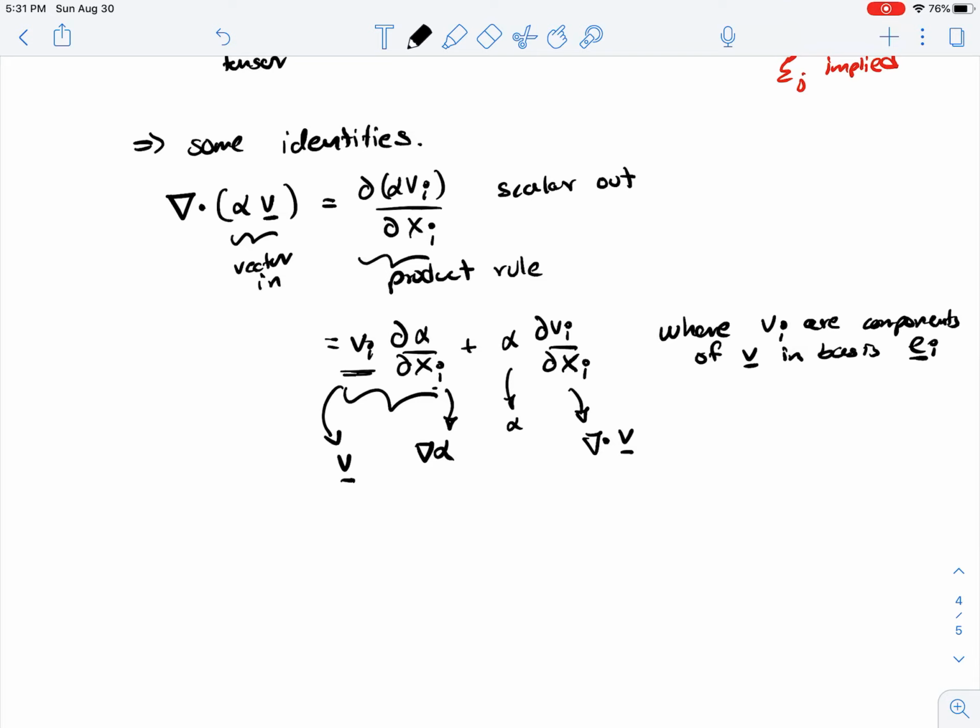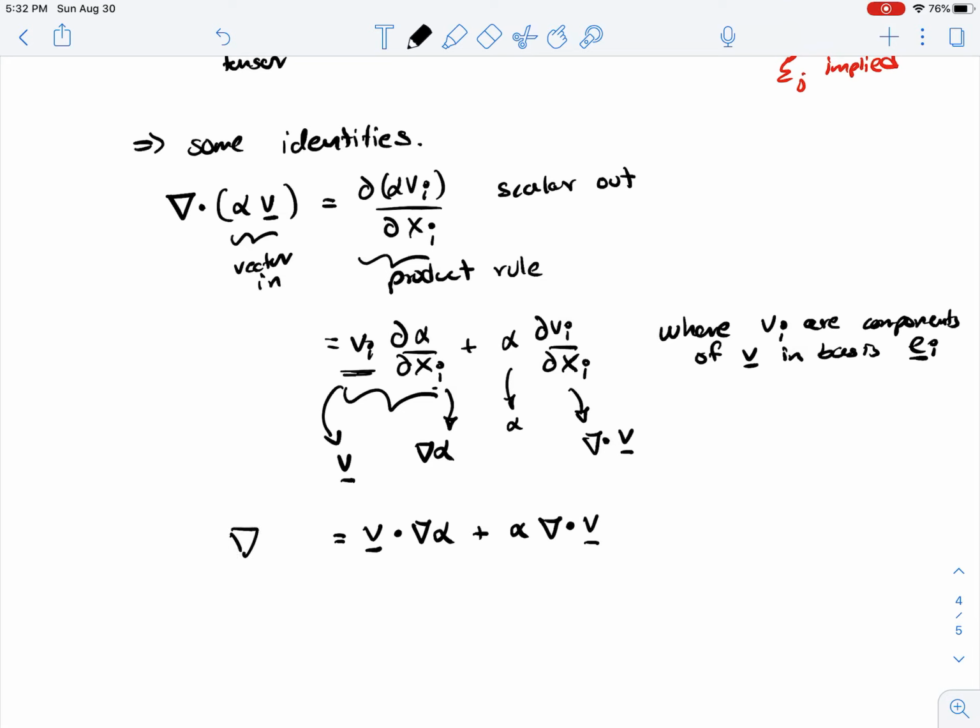And the fact that you have this i repeated here hopefully makes you think of dot product. So you remember that the gradient of alpha is a vector. So now you have v_i, the ith components of the vector V, and the ith components of the gradient of alpha. So in reality what we have here is V dotted with the gradient of alpha plus alpha scaling the divergence of V.